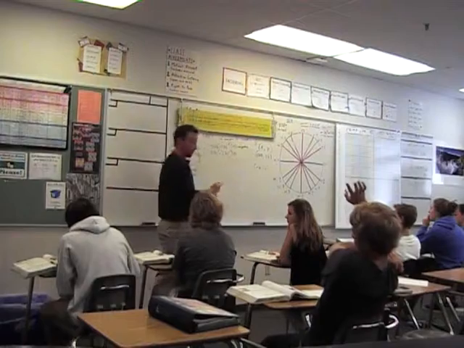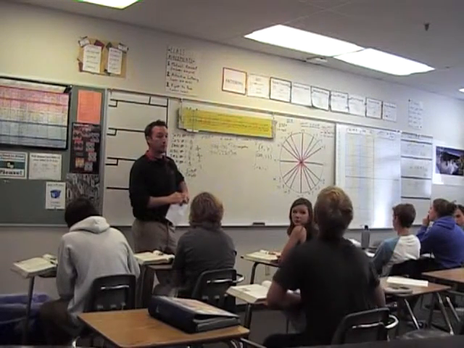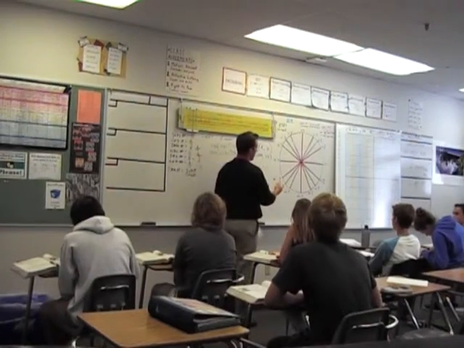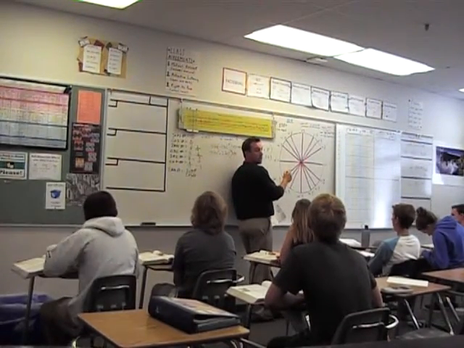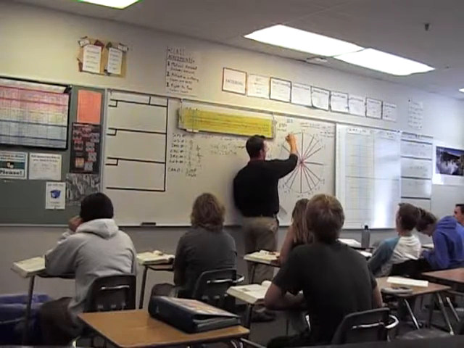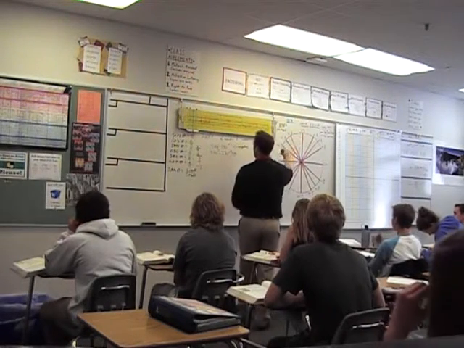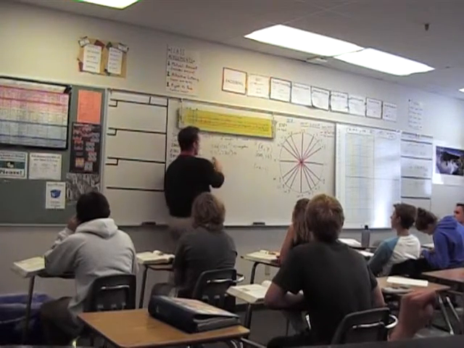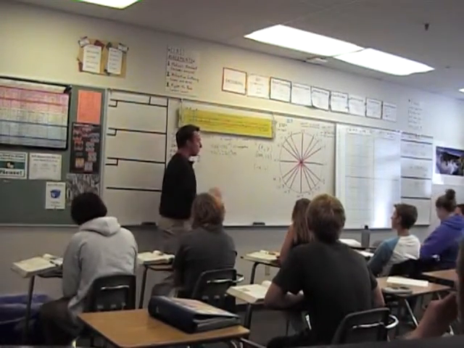So what if the x was negative and the y was positive? If the x was negative and the y is positive, what quadrant am I in? 2. Right. X is negative, y is positive. I'm up here somewhere, right? Yes. Well, this is kind of a special case of that. So sine of negative 270, which way am I rotating?